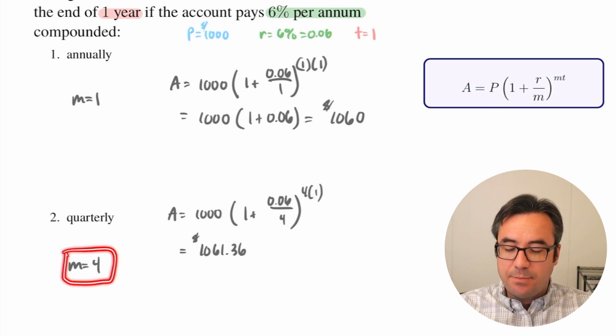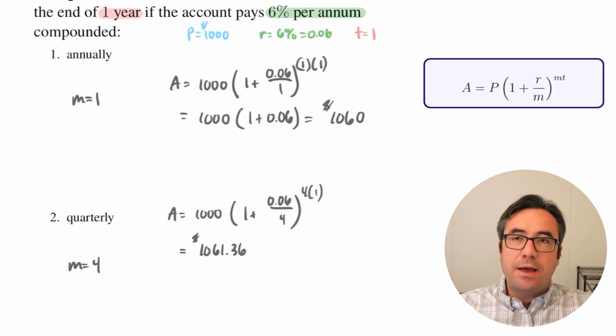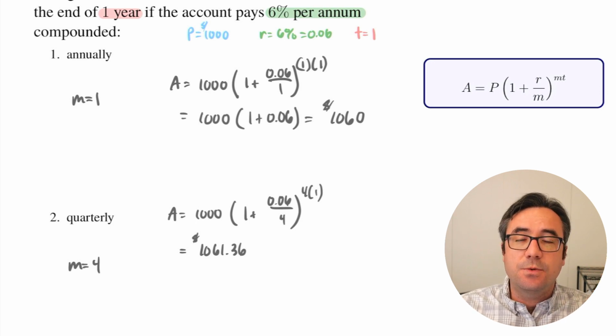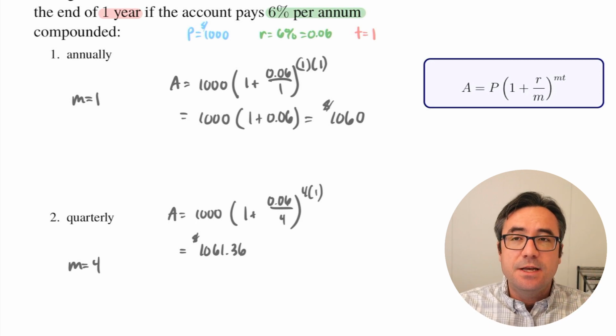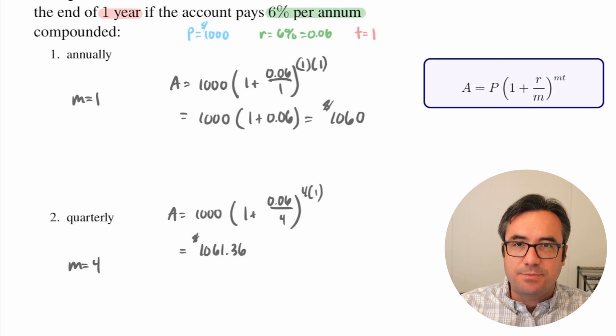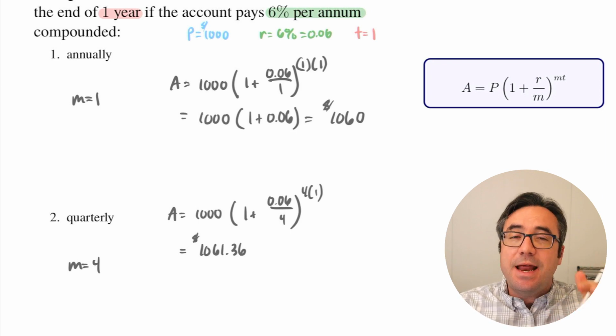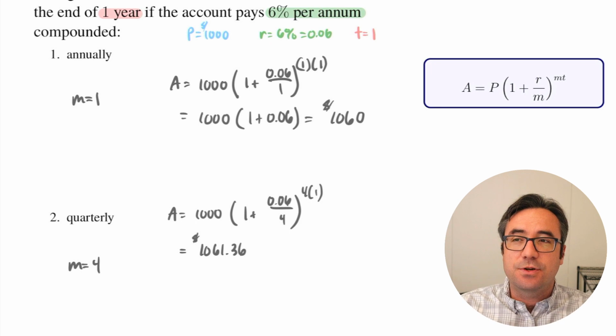With quarterly compounding, well, after 3 months, the bank puts some interest into our account. And so that piece of interest that it puts in has 9 months to start earning its own interest. And then after half a year, the bank puts in another interest payment. So that interest payment has time to start earning its own interest.